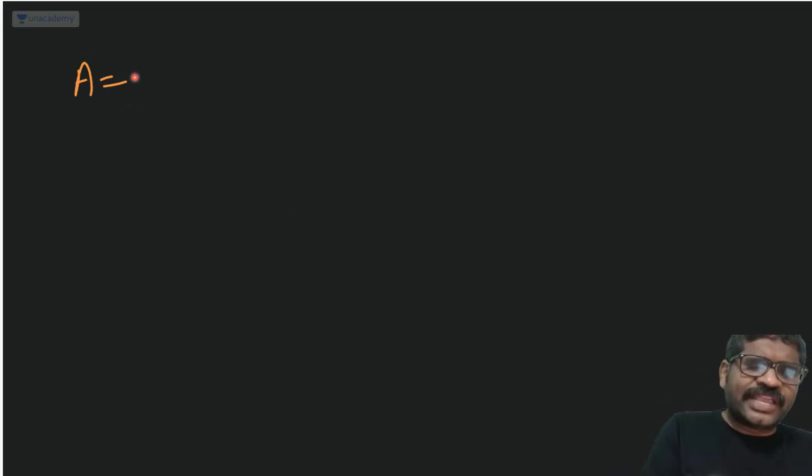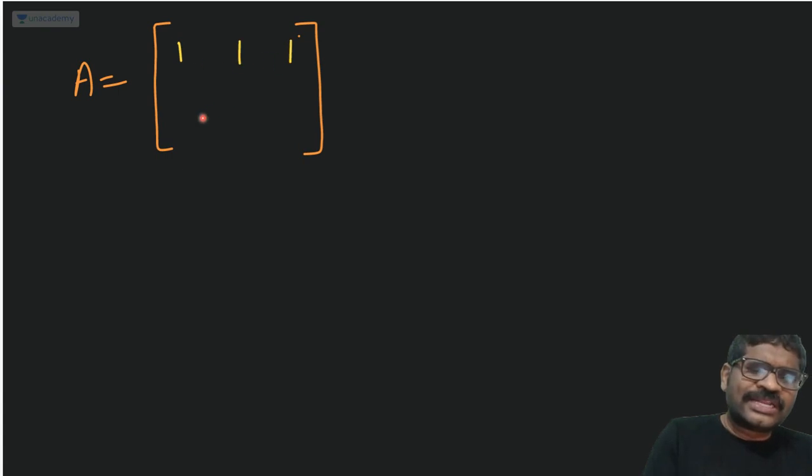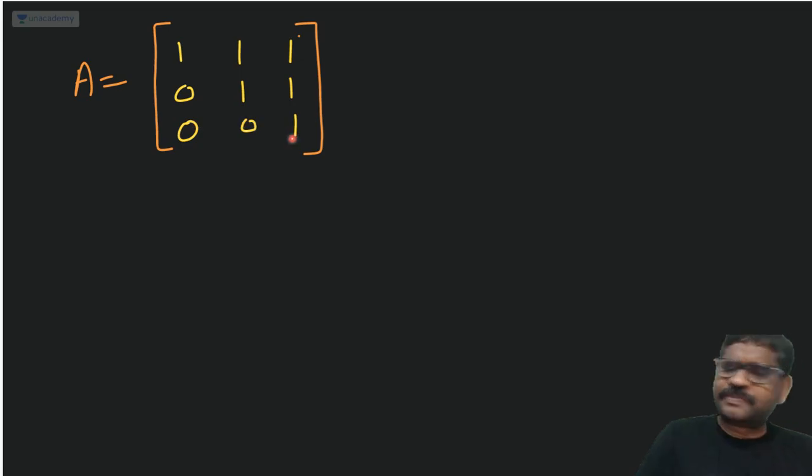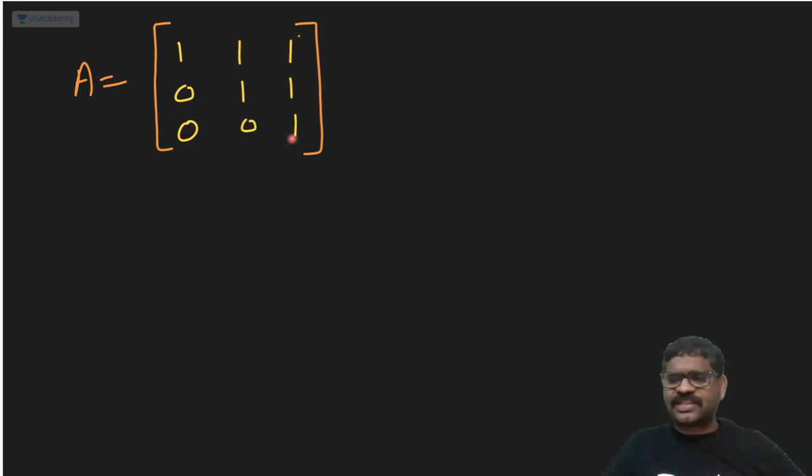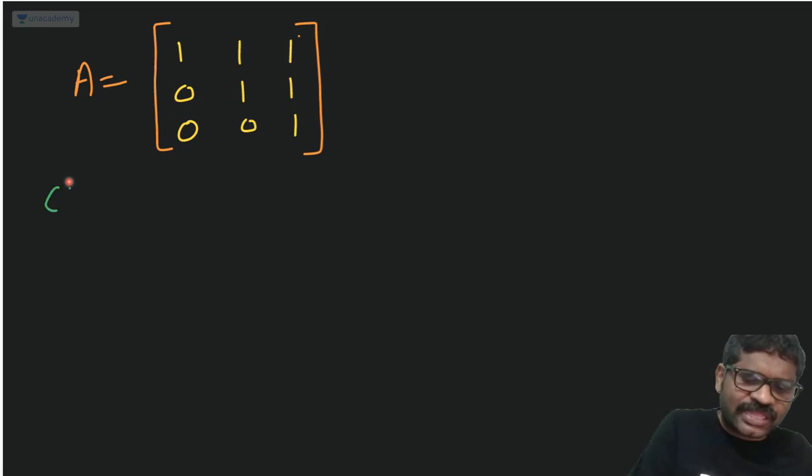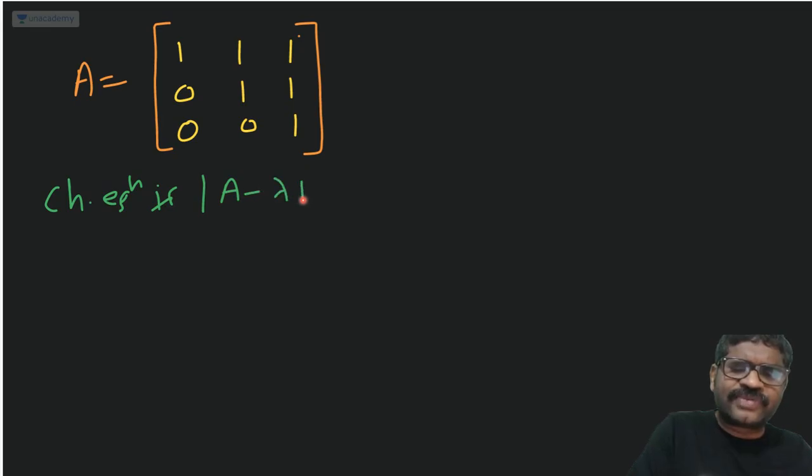Suppose the matrix is a 3 cross 3 matrix: 1, 1, 1, 0, 1, 1, 0, 0, 1. Now, the characteristic equation is determinant of A minus lambda I equal to 0.